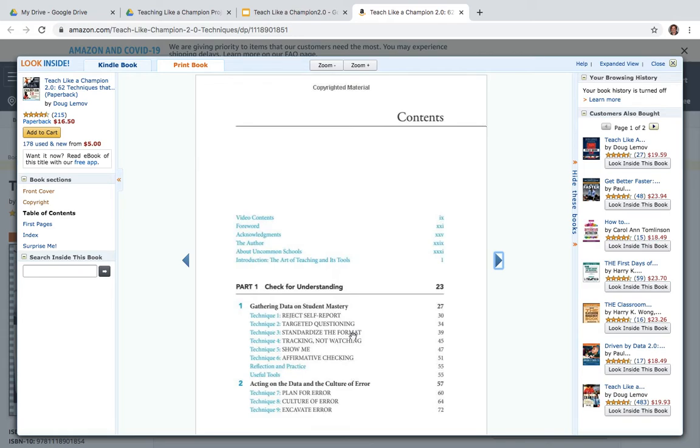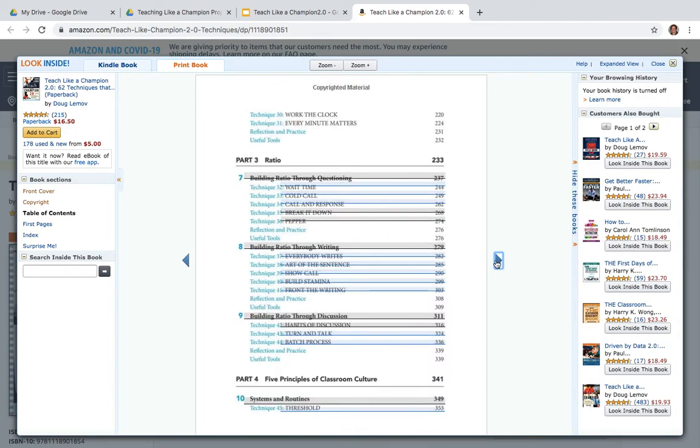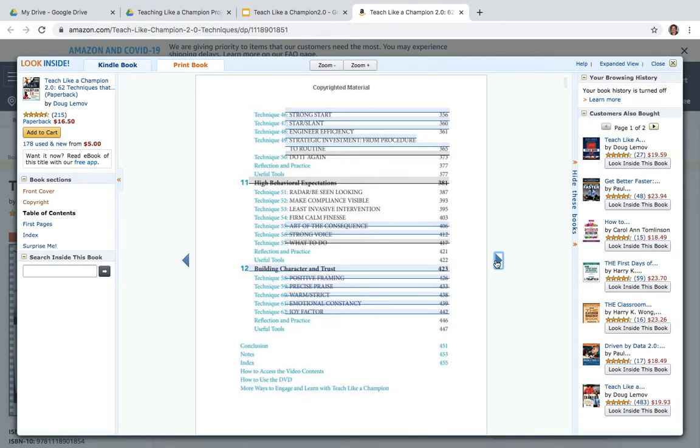When I decided that I was going to do PBIS, I knew that the topic was more about behavior management, so I went over to classroom culture, and I looked at behavioral expectations. I did a lot of reading of behavioral expectations, a lot of reading on building character traits.